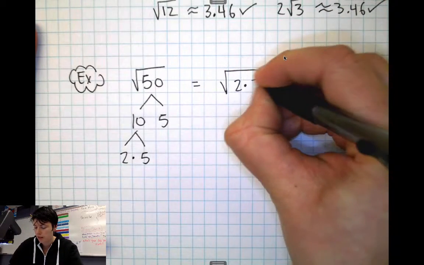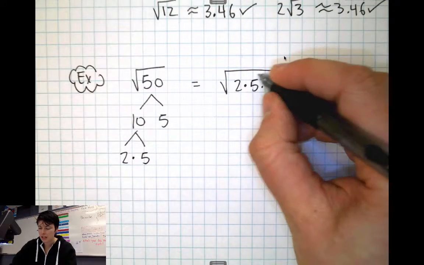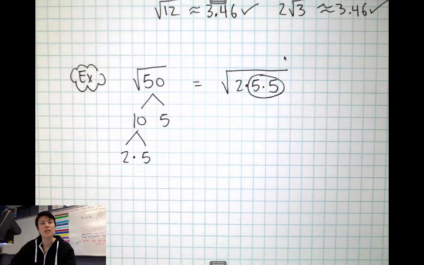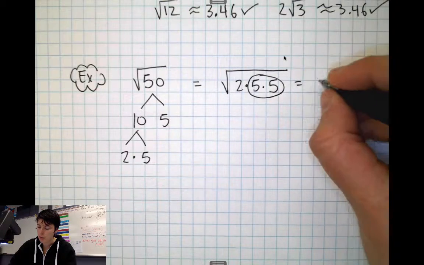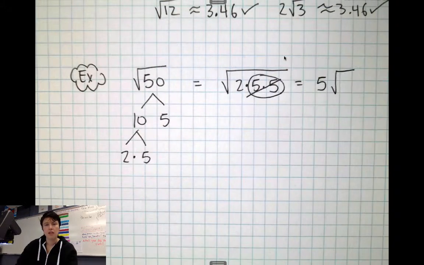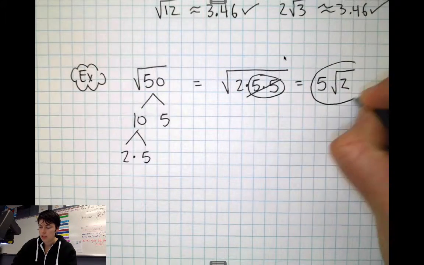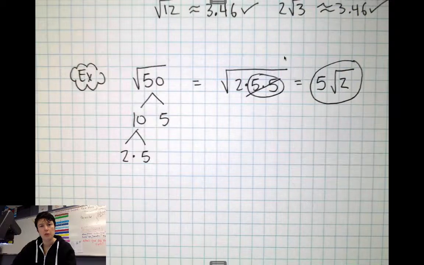And look what happens here. I see 5 times 5. I see something I can pull out of the radical. 5 times 5 is 25. It's a perfect square. So I'm going to pull one of those 5s out, and the only thing left is the 2 inside the radical. 5 radical 2. So my simplified answer is 5 square root 2, and I can leave it like that.